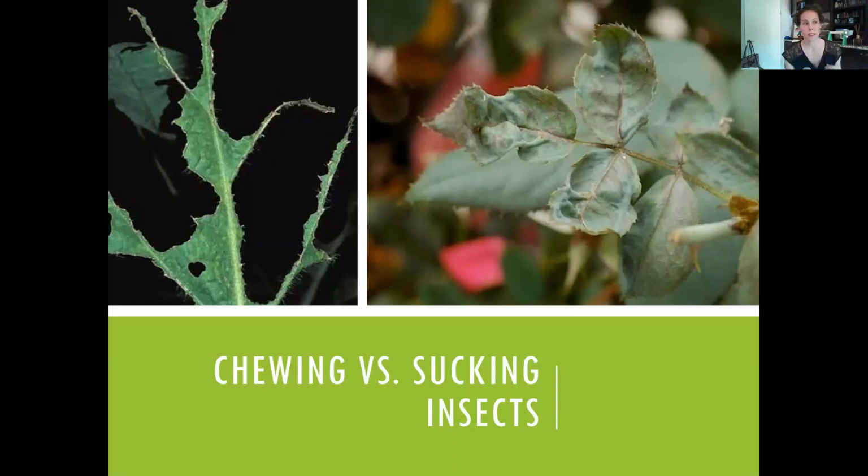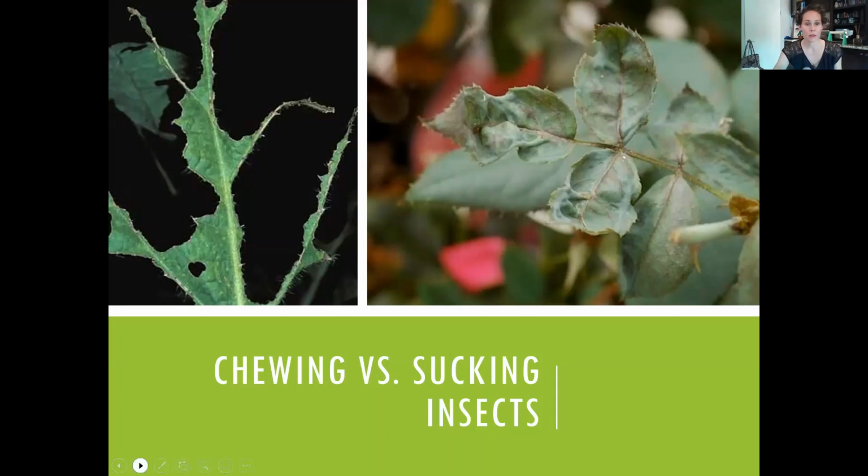Chewing insects can feed at night, but they eat a lot of that plant. They spend a lot of time on the plant. They're really sloppy eaters, and so it's very easy to kill them off with residual pesticides. Whereas sucking insects are usually smaller. They congregate on the plant, and their damage is more of that wilted or deformed look that you see in that right-hand picture. And I'll show you other pictures also.